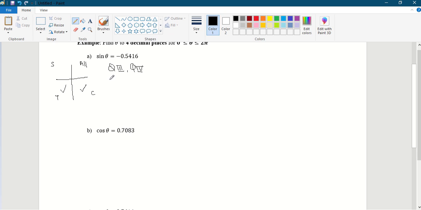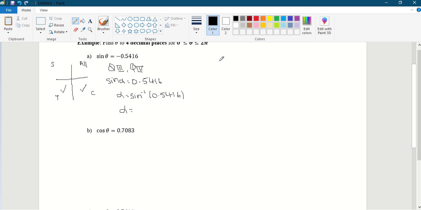Second step is to find alpha, so we say sine alpha equals always positive number, 0.5416. So alpha will be then sine inverse 0.5416. We get alpha equals something. What will be that something?